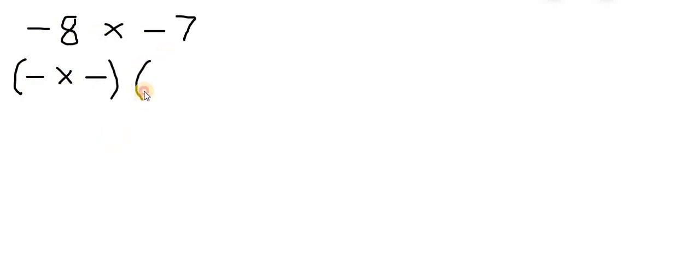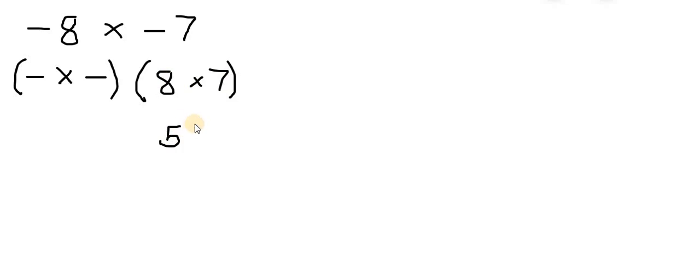So minus 8 times minus 7. Once again, multiply the signs first. Minus times minus. Multiply the numbers. 8 times 7. 8 times 7.